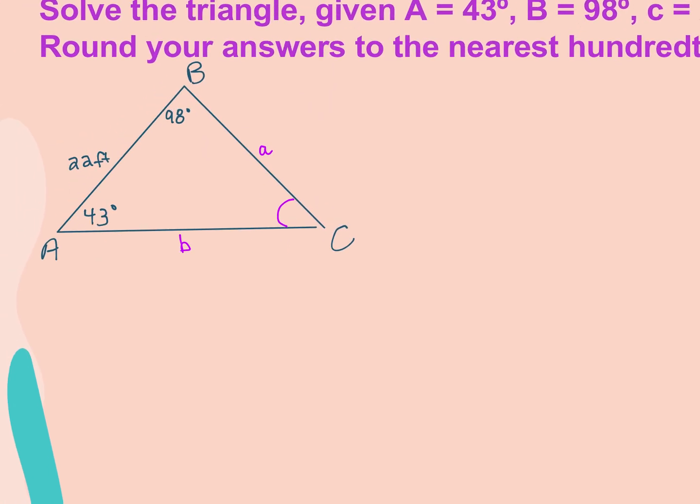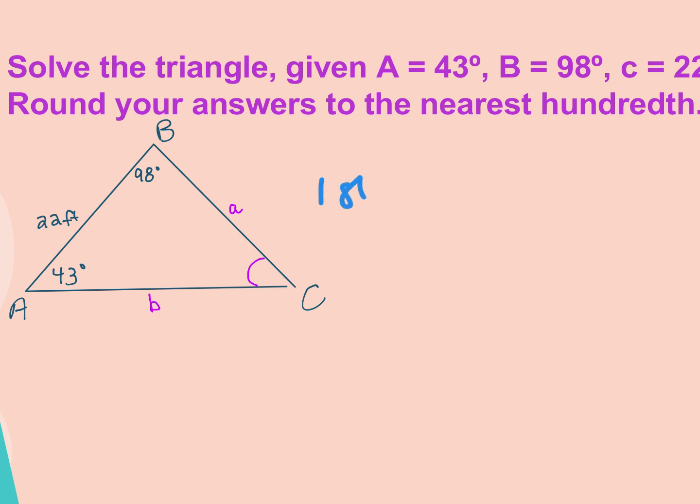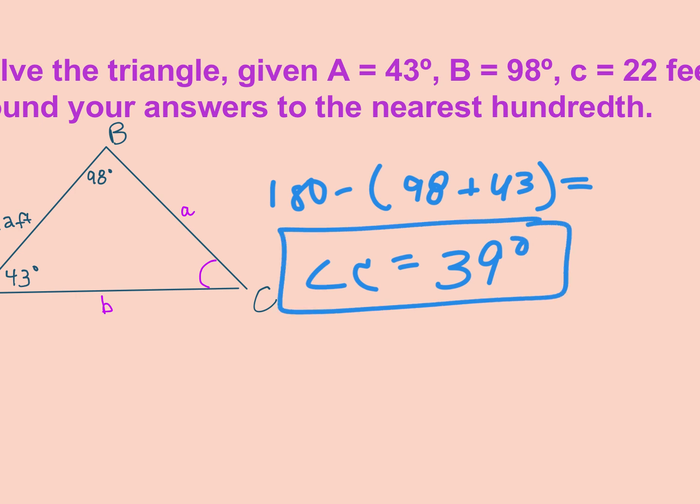How do you find the missing angle? You're going to add and subtract from 180. So I'm going to say 180 minus, I'm going to add 98 plus 43. So how big is angle C? 39 degrees. Perfect.